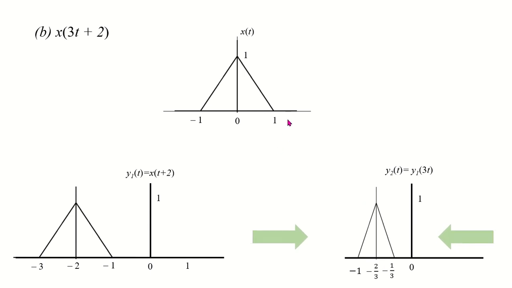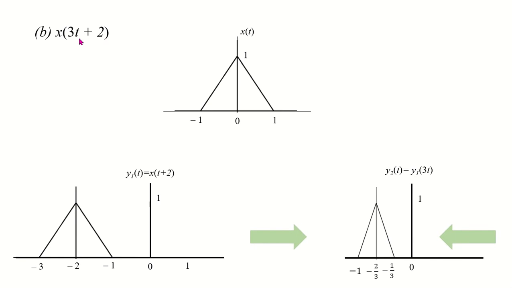Likewise, for the original signal x(t), if t is 1, then x(1) is 0. So now if we choose the value of t in this particular expression such that inside the brackets we get the value 1, so 3t + 2 = 1, then you get t as -1 upon 3.